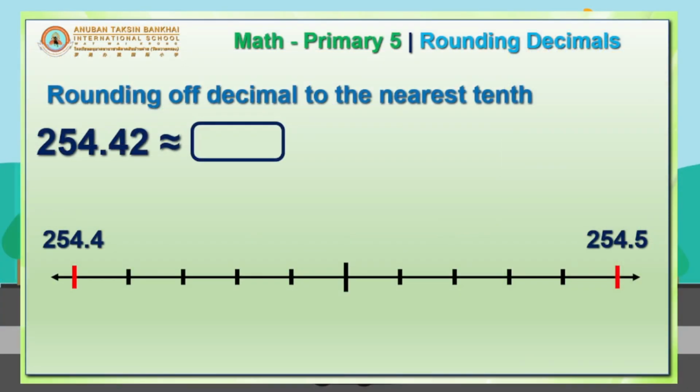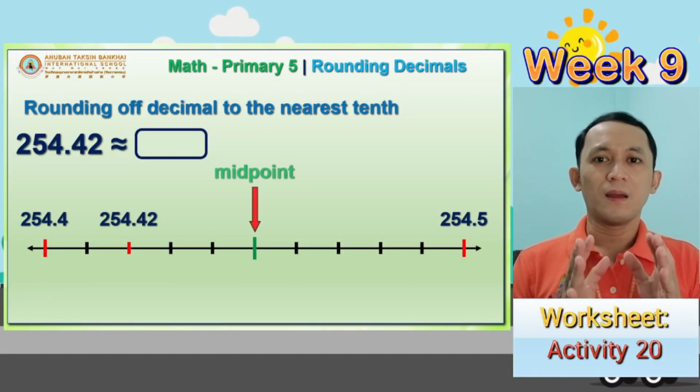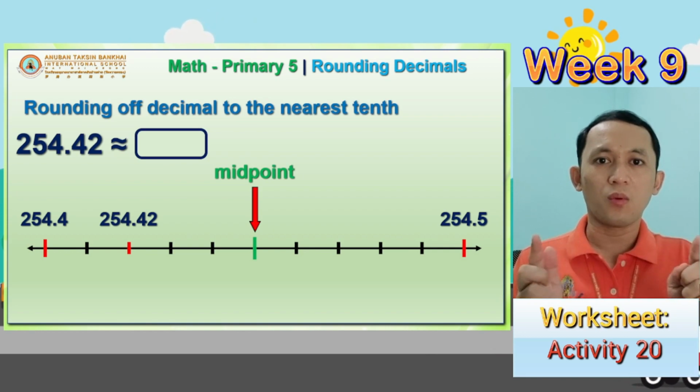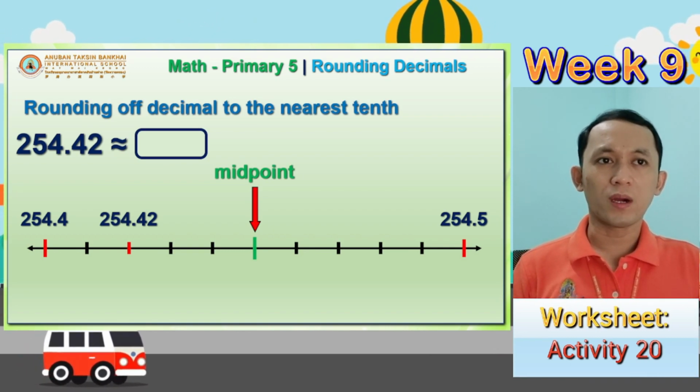Now let's write the exact position of our number, which is 254.42. We write it here. This is the exact position of this number. And of course, our midpoint. The midpoint is in the middle, at the center of our number line.